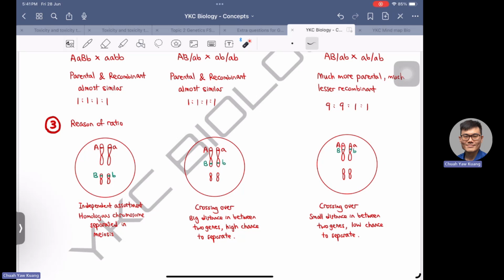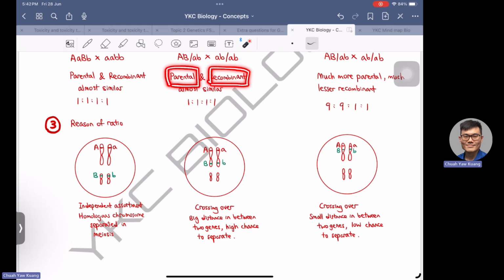So the thing is, because the distance is too far away, there's a big distance in between these two genes. So the chances of crossing over and exchanging this allele will be very high. Since the chance is so high, the chance to produce the recombinant gamete is similar to the chance to produce the parental gamete.